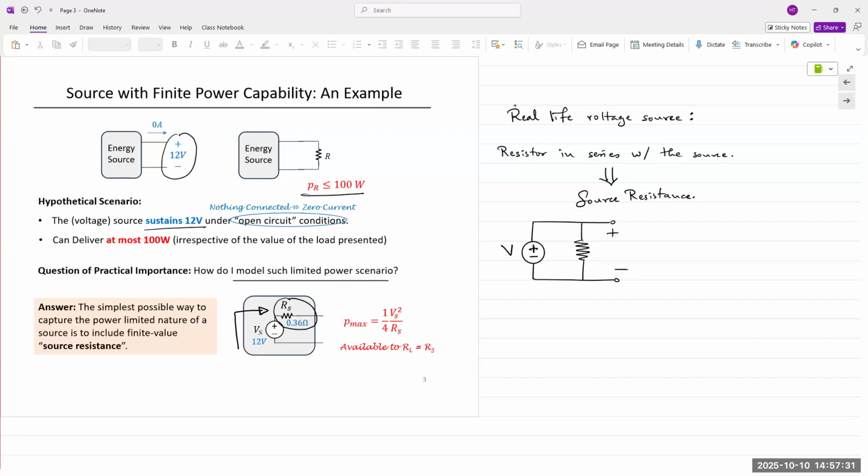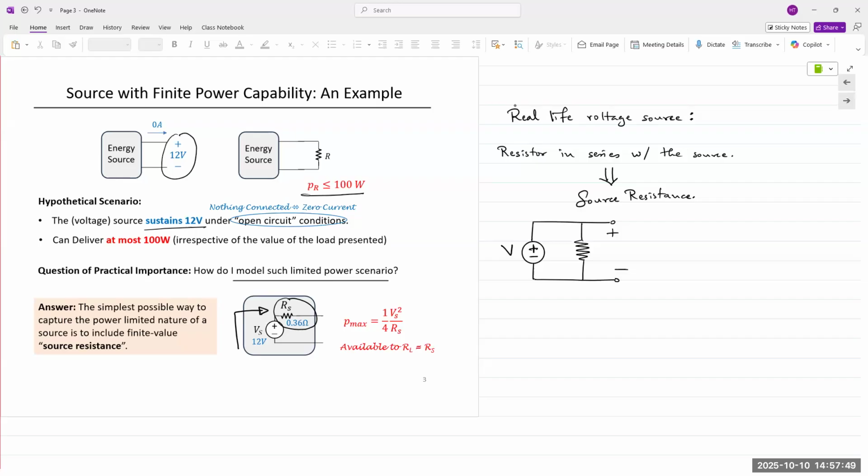So instead of sending out 12 volts, it'll send out 12.1 or 12.2, and that 0.1 or 0.2 volts drops across that internal source resistance. If it was 0 ohms, then again, it's infinite power. So we can't model it that way.